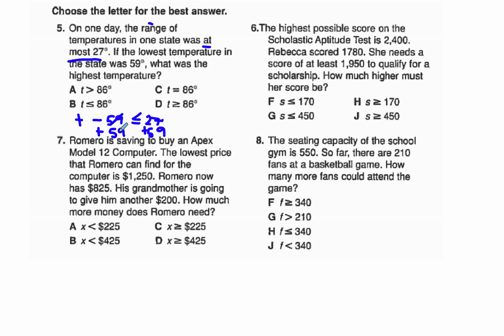Those would cancel out. 27 plus 59, 7 plus 9 gives us 16. Carry the 1. 1 plus 2 plus 5, that's 8. So we would end up having T is less than or equal to 86, which matches B.